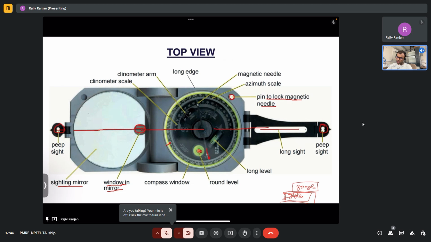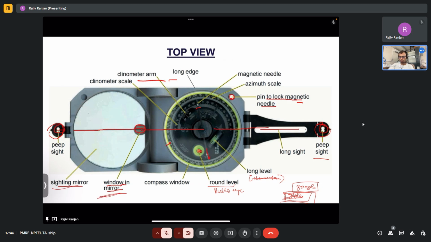The important components are the bullseye, long level or clinometer, the sights, peep sight, lock, magnetic needle, azimuth scale, the long edge, clinometer arm. Inside of this, the azimuth scale, there will be the clinometer arc and the clinometer scale. There are the two peep sights here and on the right side. This is the mirror, and this is the window in the mirror.